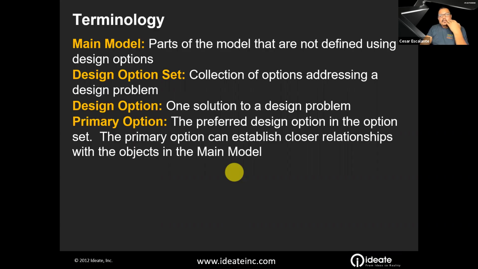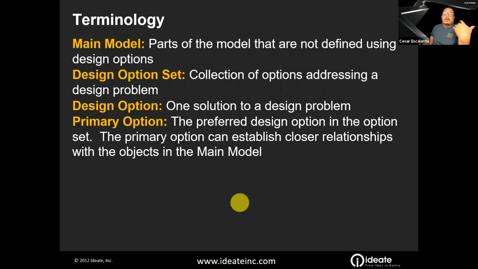Within the option sets, you have primary options. A primary option is the preferred option. And you can assign your primary option to the design option you like the most, or the one you want to present to the client. On the Revit side, the primary option establishes a closer relationship with the main model objects.